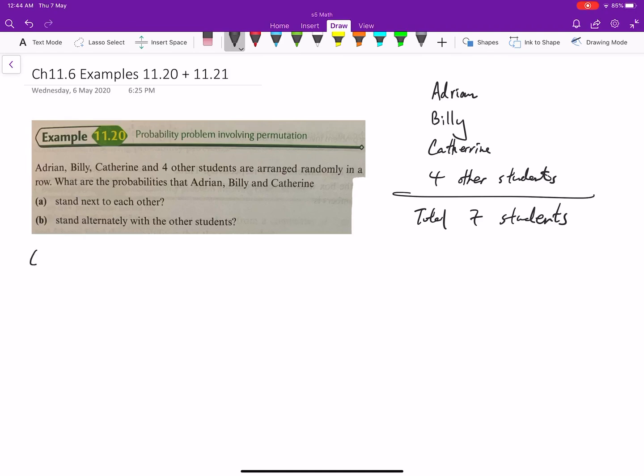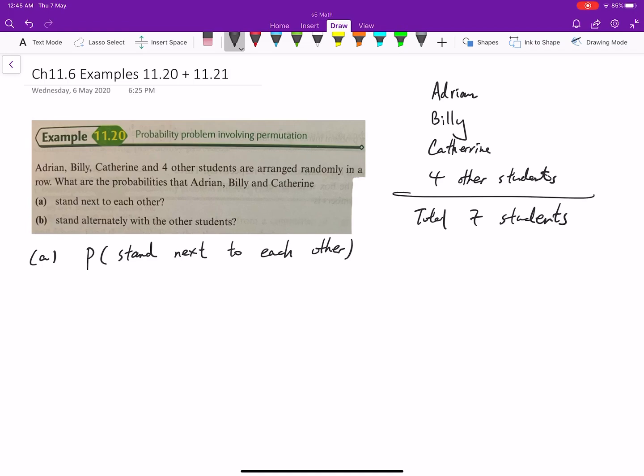So now we go to part A. What is the probability that Adrian, Billy, and Catherine are standing next to each other? So P, they stand next to each other.